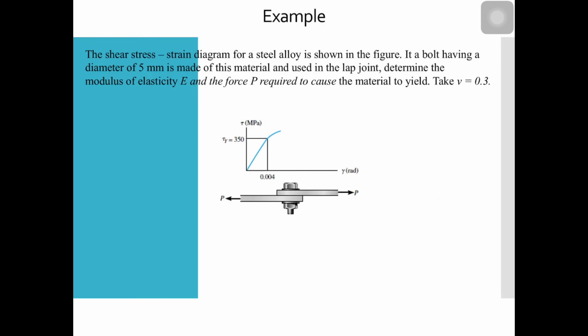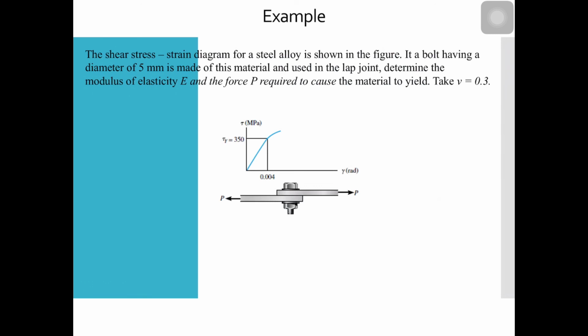Okay, we go to the next example. The shear stress diagram for a steel alloy is shown in the figure. If a bolt has a diameter of 5 mm, determine the modulus of elasticity and the force P required to cause the material to yield.